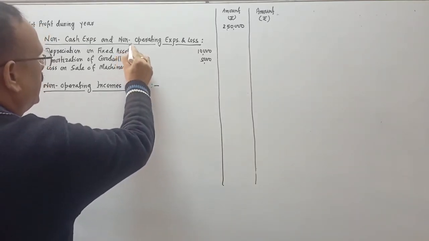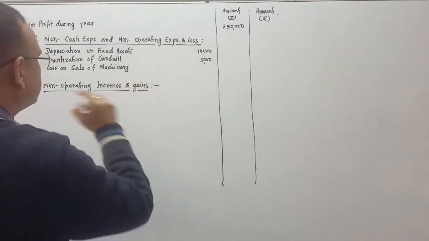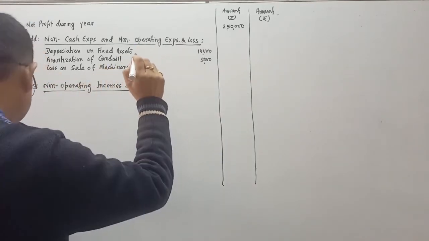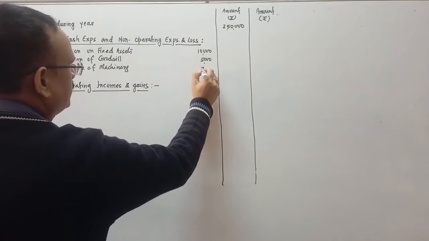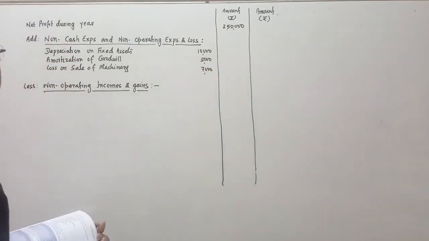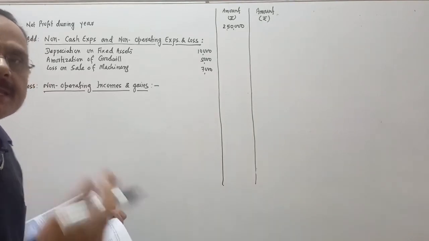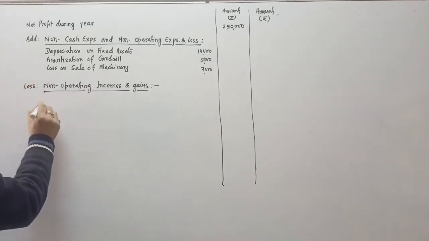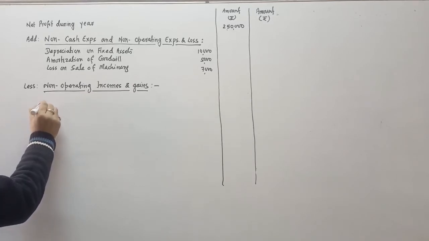So loss on sale of machinery, 7,000, is added. Thereafter, profit on sale of land is a non-operating income and gain, so we will deduct it.